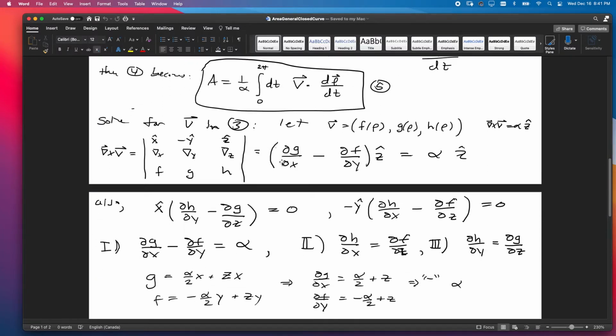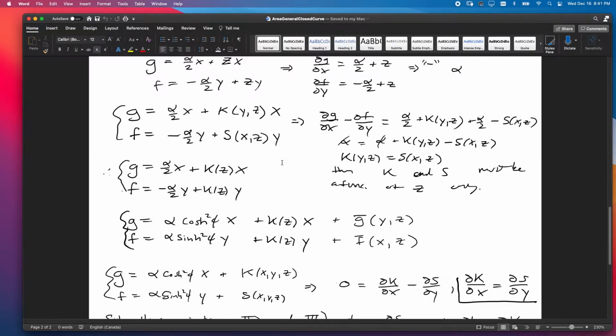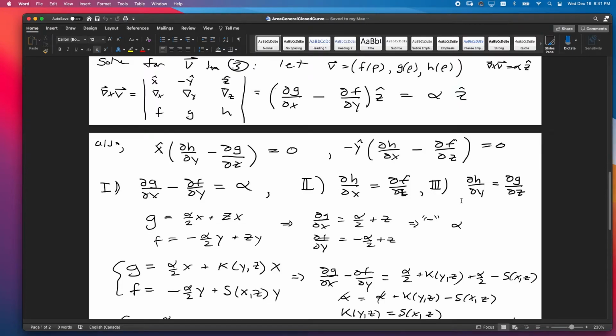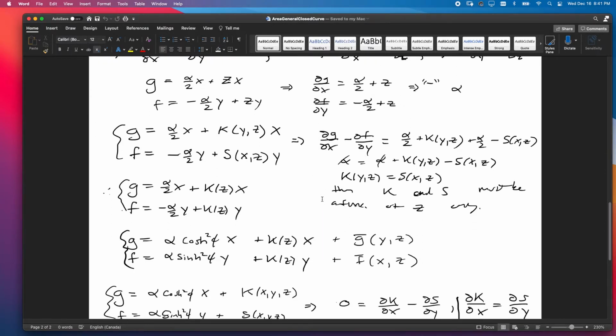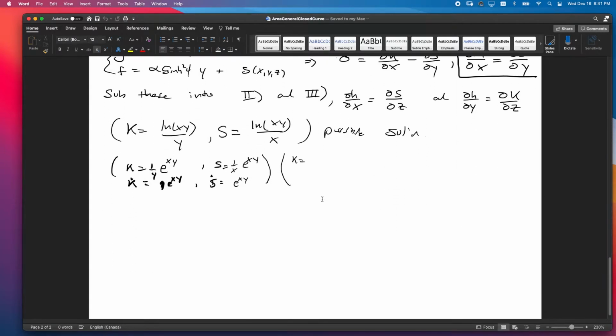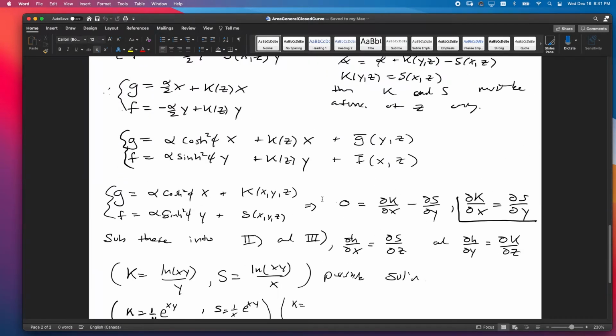Then I got to these equations 1, 2, and 3, and I was trying to find the most general solution to these equations. I was kind of just getting lost, and it was frustrating.